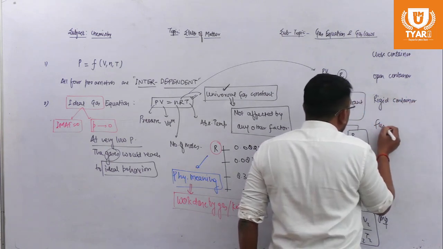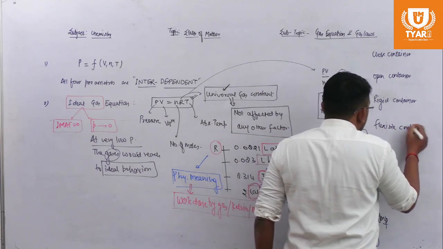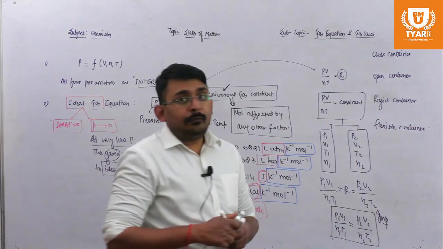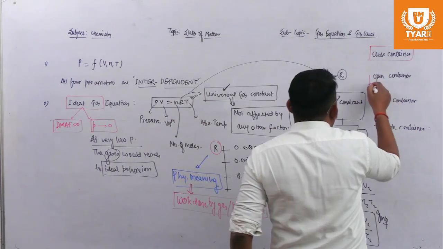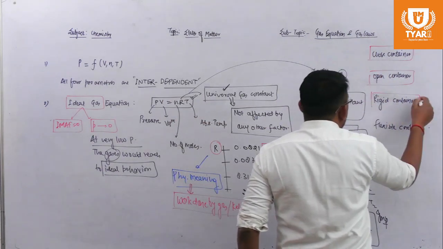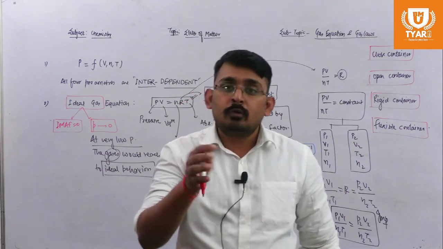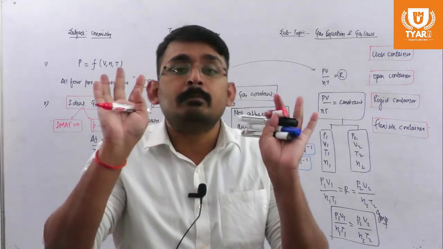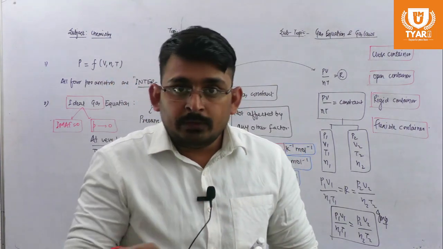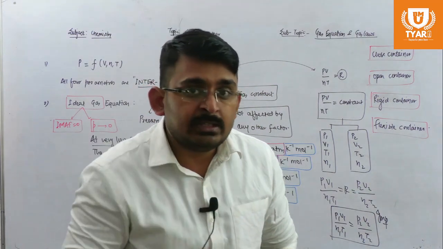These four things: closed container, open container, rigid container, flexible container. These terms usually come up during numerical questions, and they definitely make a huge impact while you are solving the questions. If you are not familiar with these terms, you will miss the right answer.